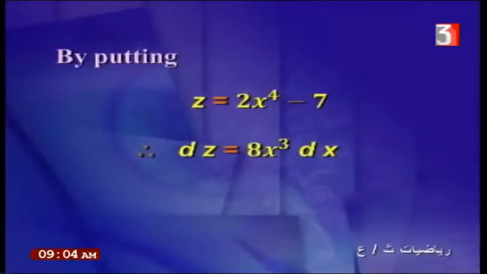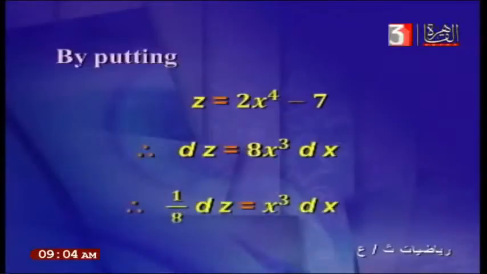By putting z equals 2x power 4 minus 7, the expression inside the bracket, 2x power 4 minus 7, equals z, and the differentiation of both sides, dz equals 8x power 3 dx, and the differentiation of 7 equals 0, then 1 over 8 dz equals x power 3 dx. Now we can substitute in the original function.